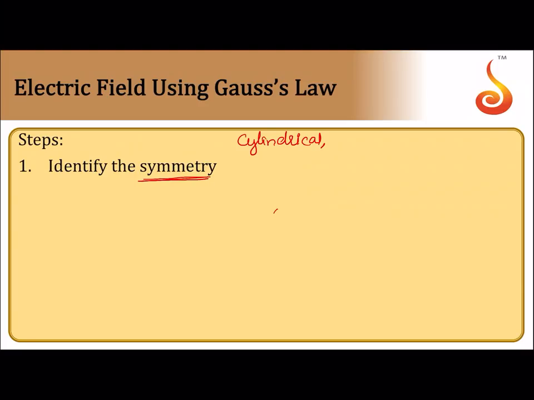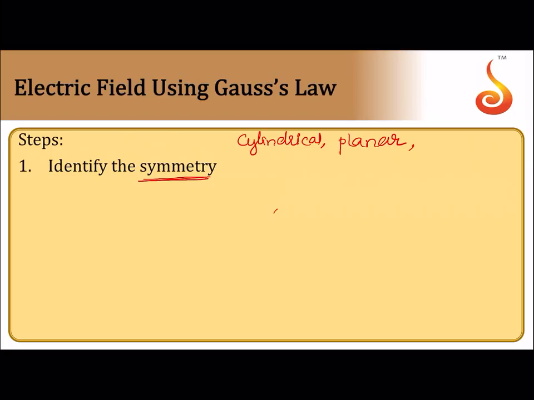The second is what is called planar symmetry. Isn't the word self-explanatory? Yes. Planar symmetry means you take a large sheet of charge and spray the charges on it. You have planar symmetry. The charges are present on a plane.